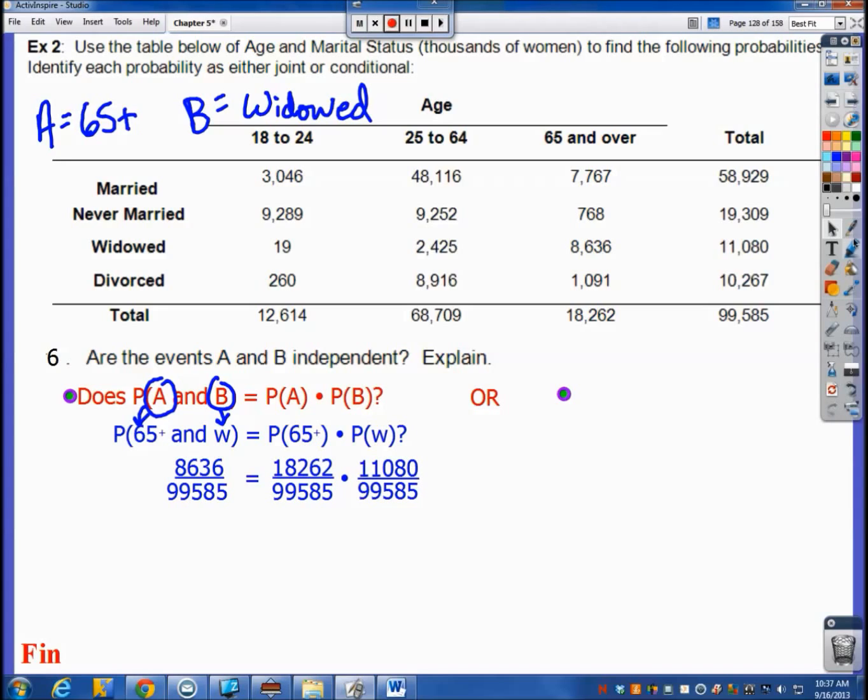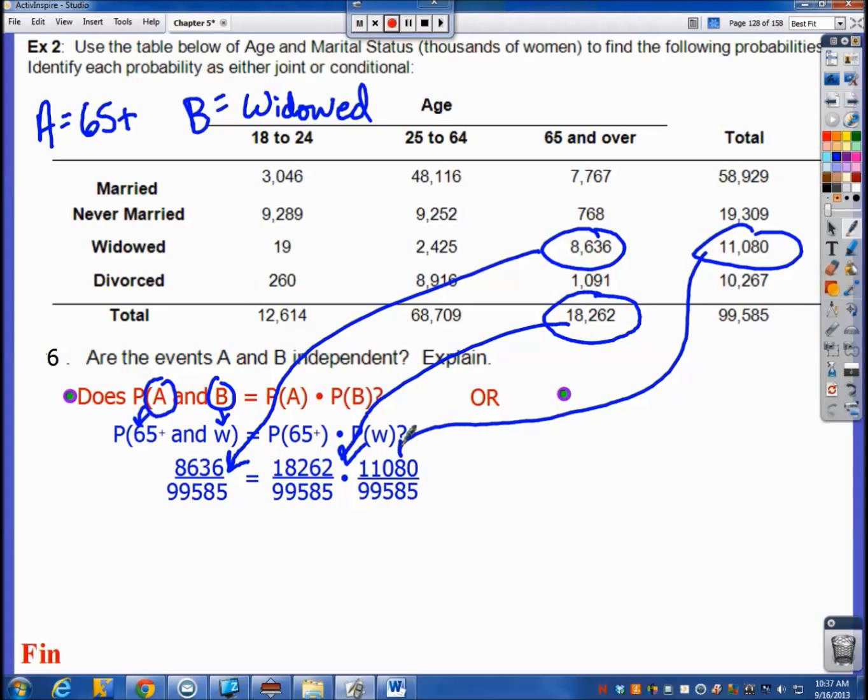Well, 65 and widowed, that's that number out of our total, 99,585. 65 and older, that's those people. And widowed would be those people. So notice all three of those numbers are out of the same 99,585 grand total.